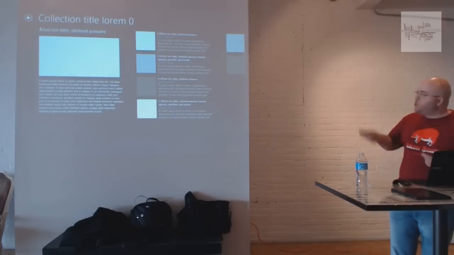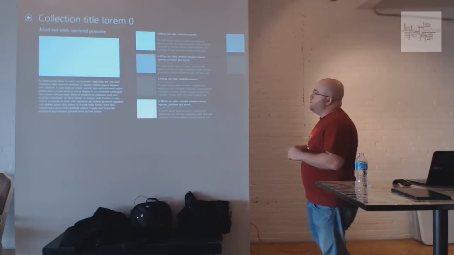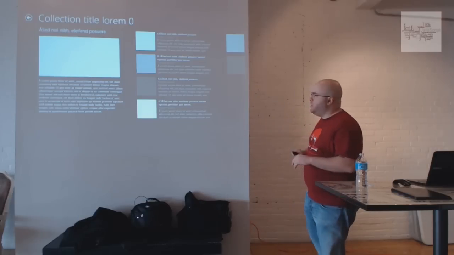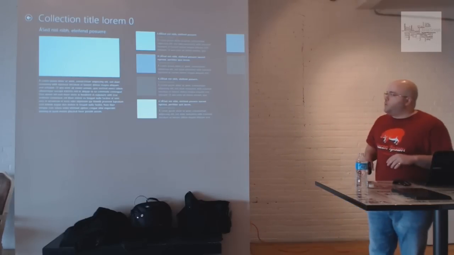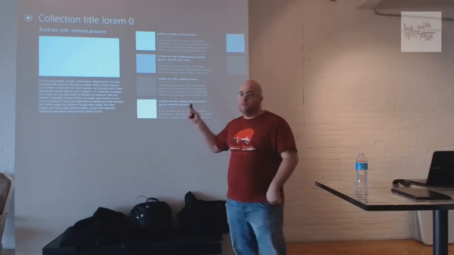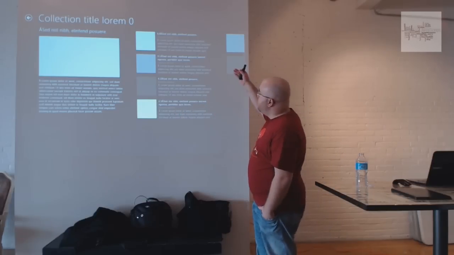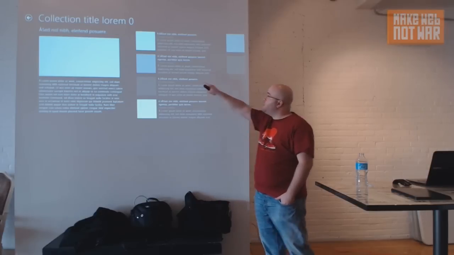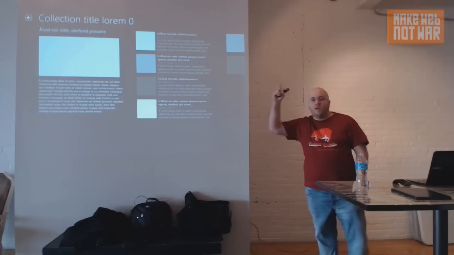And if I'm showing you this application, there is no Chrome. So this is a lorem ipsum. You get this when you use not the grid template, but I forgot which one of the templates in Visual Studio. And if I look at this, I already have a kind of hierarchy. I know what things are. I know that collection title lorem 0 is my title.